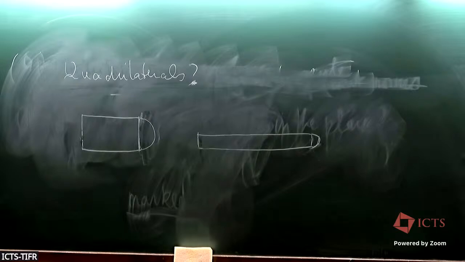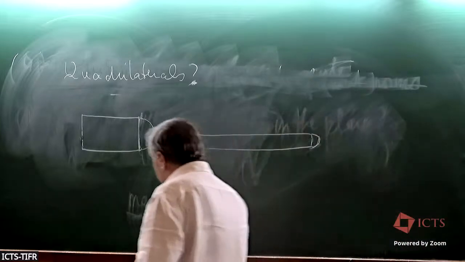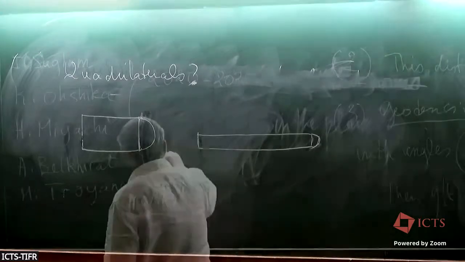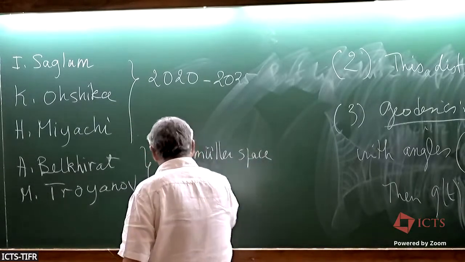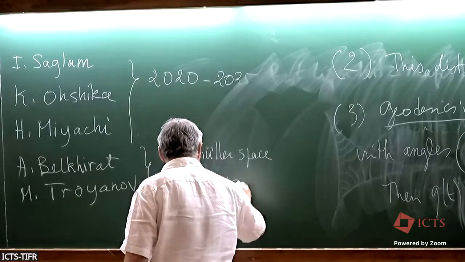Okay, so this was supposed to be the beginning of my talk. Let me just tell you about this paper here. When you think of Teichmüller spaces of Euclidean surfaces, you think about the Teichmüller space of the torus, right?